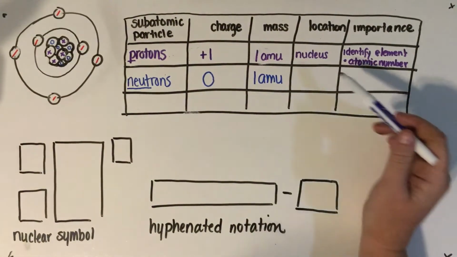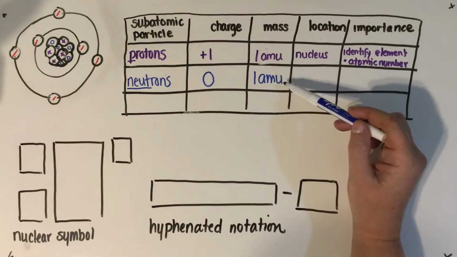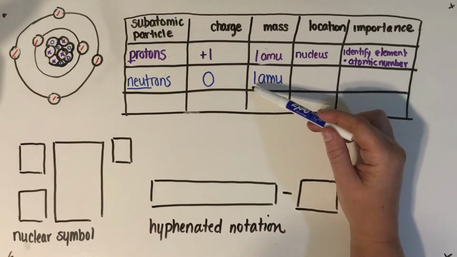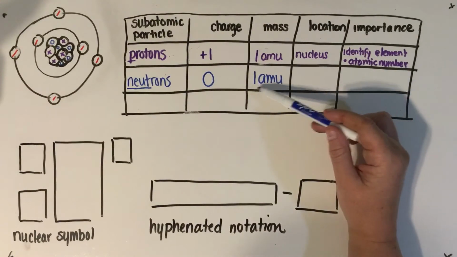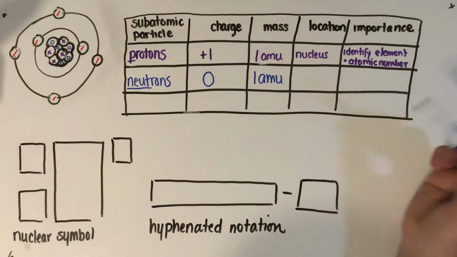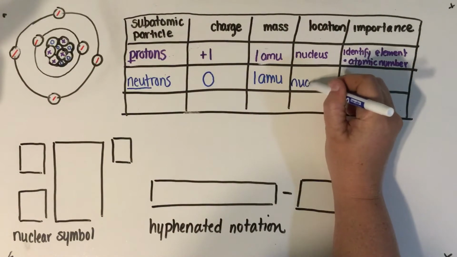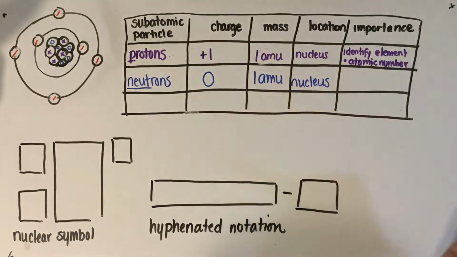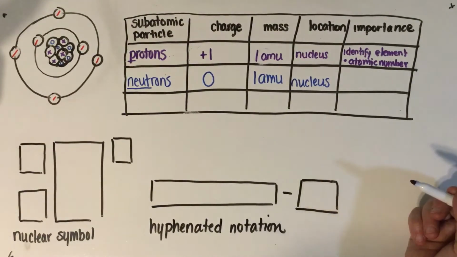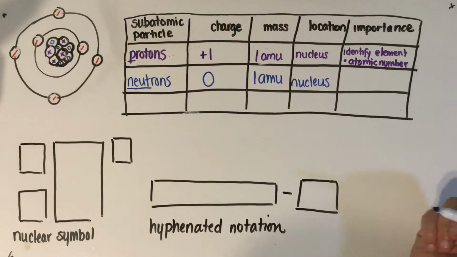Because it's so similar, we have determined its relative mass to be 1 AMU, or 1 atomic mass unit. Just like the protons, the neutrons are also found in the nucleus. But unlike the protons, you may have more than one number of neutrons within atoms of the same element.